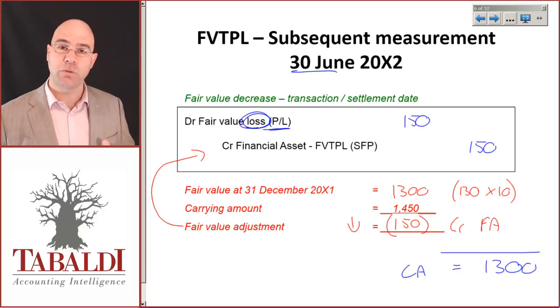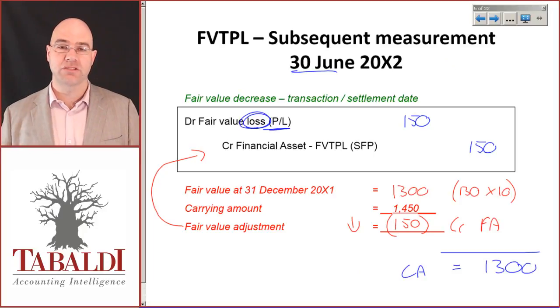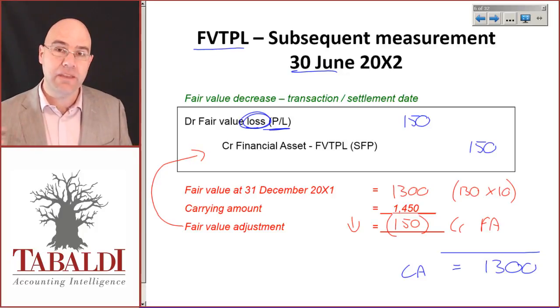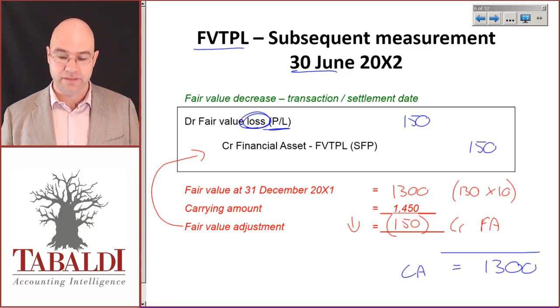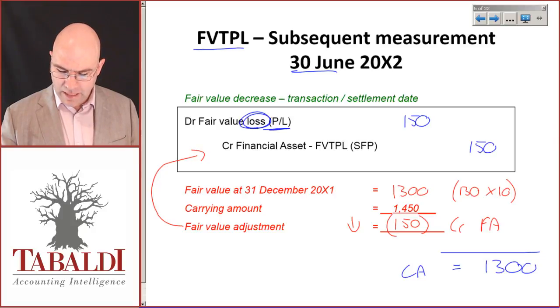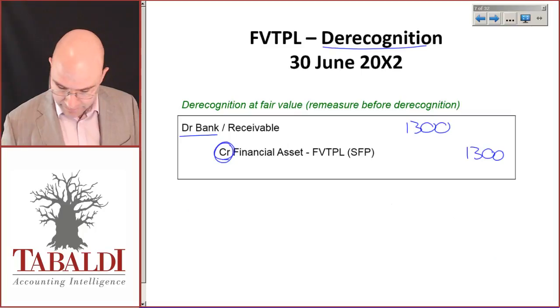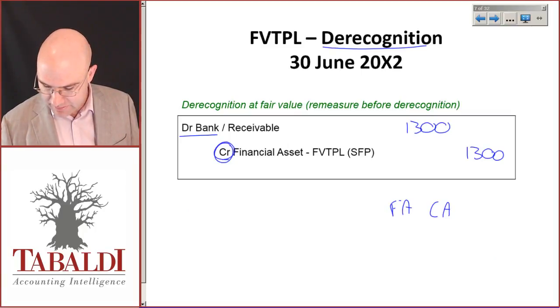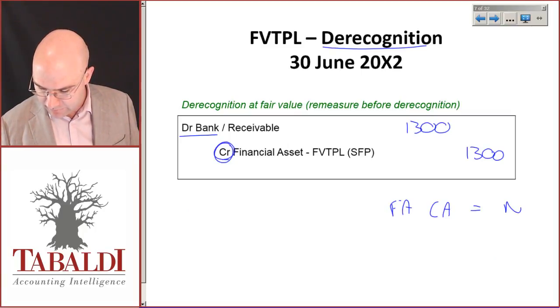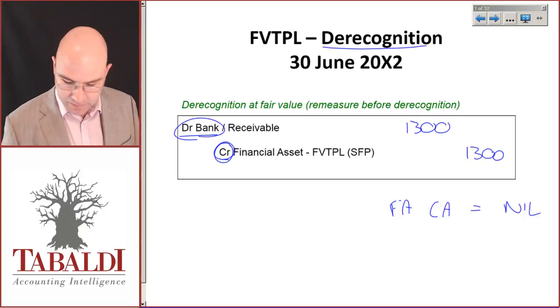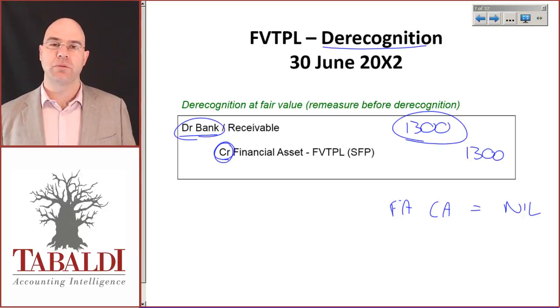The gain was in the 20X1, the loss was in the 20X2 period. All in profit or loss, because this is a fair value through profit and loss financial asset. Okay, so I derecognize the asset, it comes out of the books, the financial asset carrying amount is now equal to 0, but I have a bank balance jump of 1,300.